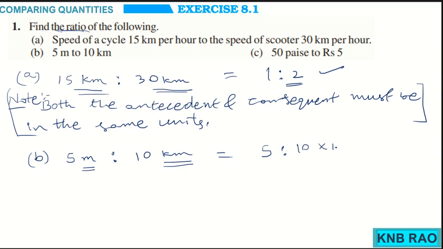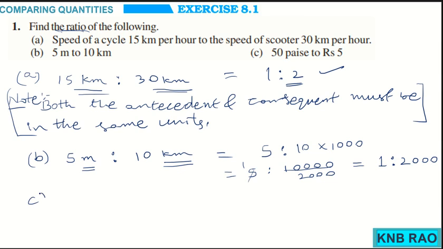So I am bringing 1000 in the place of consequent. Now it becomes 5 is to 10,000. After cancellation, 5 ones are 5 and 5 2000s are 10,000. So the right ratio is 1 is to 2000.